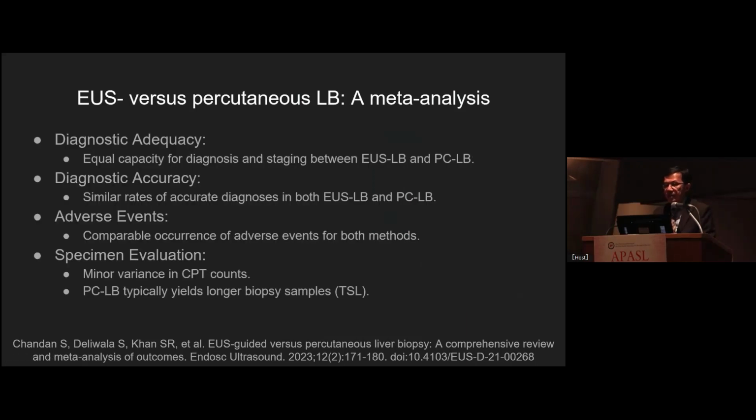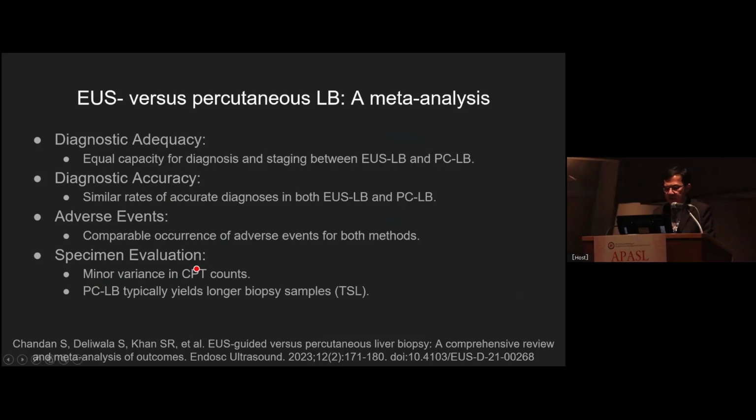So in this meta-analysis, in which all the studies recruited used the EUS FNB needle, which is better than the FNA needle, in terms of diagnostic adequacy there was equal capacity for diagnosis and staging. In terms of accuracy, there was a similar rate of accurate diagnosis between EUS-guided and percutaneous, and comparable adverse events from both methods.